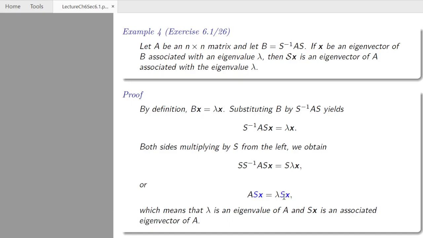Sx is an eigenvector associated with the eigenvalue lambda. So in this way, from the definition of eigenvectors, we proved Sx is an eigenvector of the matrix A.